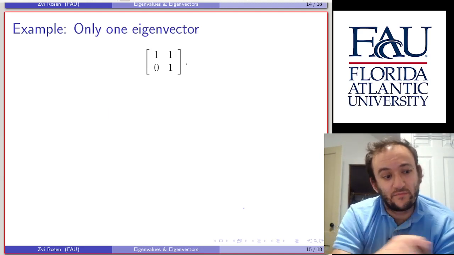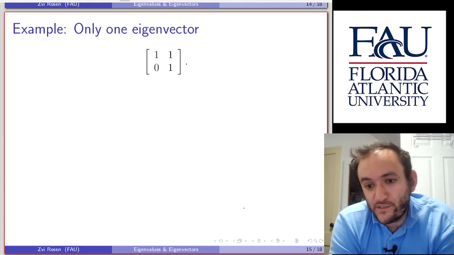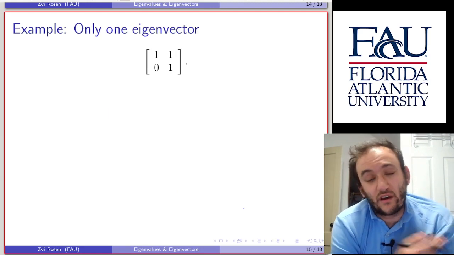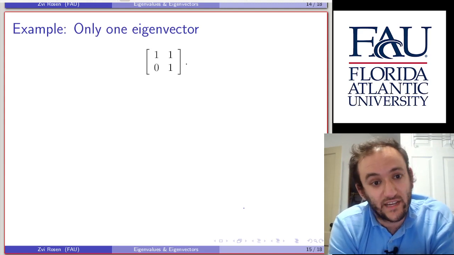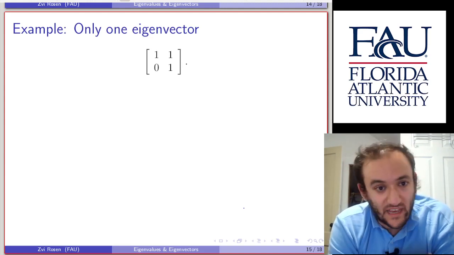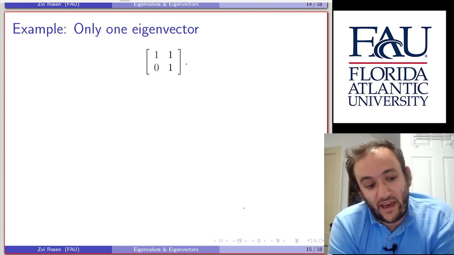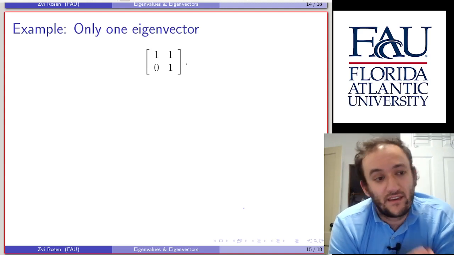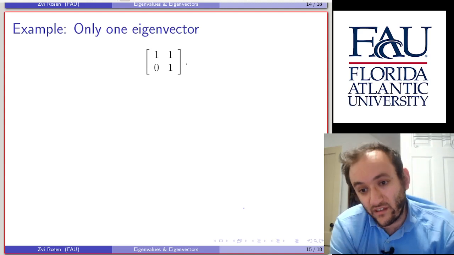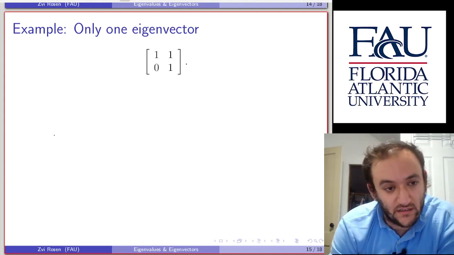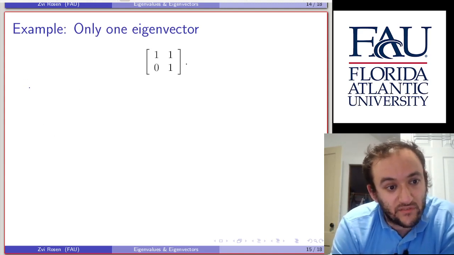Okay, so from the first example and second example you saw, you had 2 really nice eigenvectors for a 2 by 2 matrix. But that's not always the case. Sometimes, even though you have a nice 2 by 2 matrix, you're only going to get a single eigenvector, and you won't have a collection of eigenvectors that span your space. So here's an example of that.